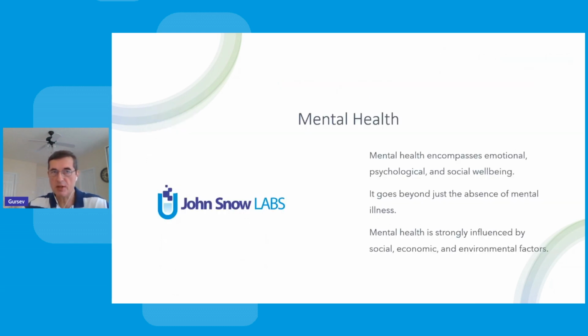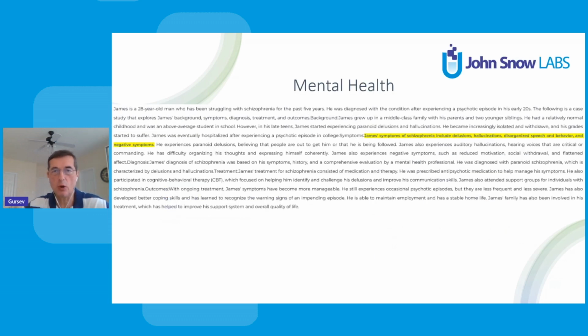The next model is about mental health. It's about the person's emotional, psychological, and social well-being. It's not just the absence of mental illness, so it's very much affected by social, economic, and environmental factors. Let's take an example, again a long text, about James.